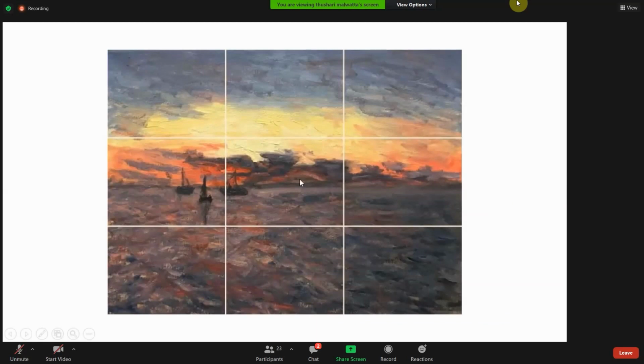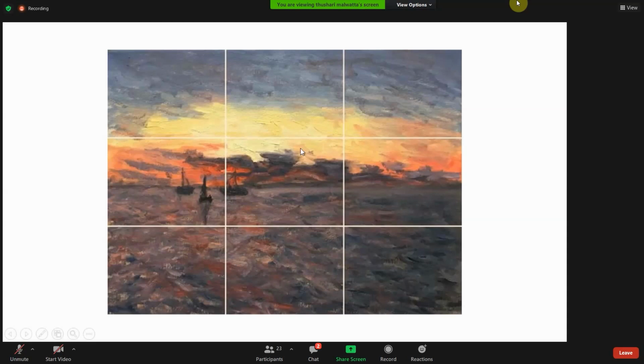So if we compose something into these points, it is more interesting. So in this image, the brightest area is focused here.